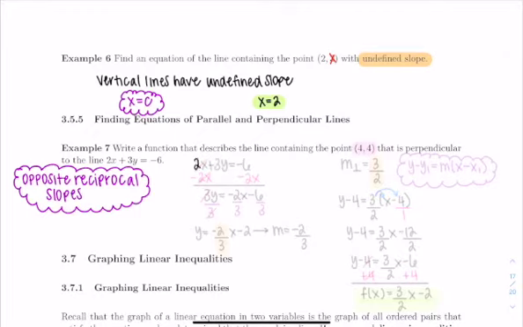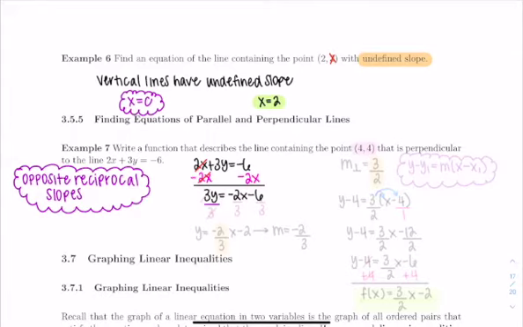We've got 2x plus 3y equals negative 6. The first thing we can do is subtract 2x from both sides, and it ends up canceling on the left. We're left with 3y equals negative 2x minus 6.